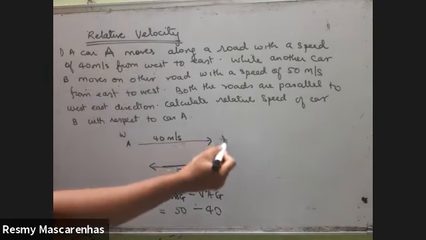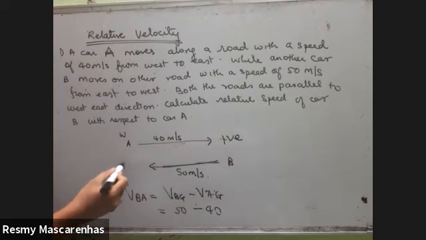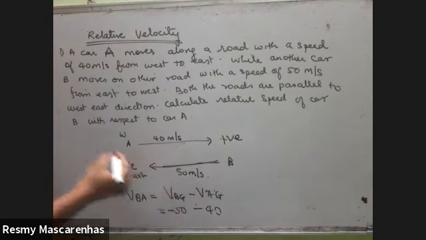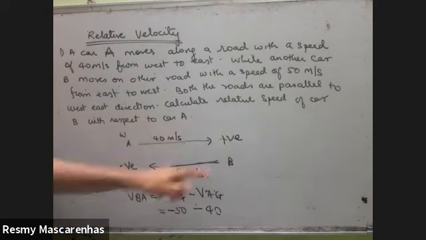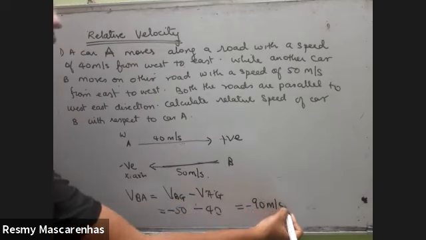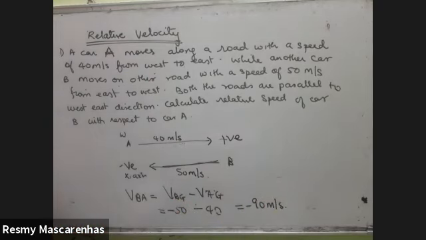So this is going in the positive x-axis direction and this is going in the negative x-axis direction. That's why it has to be taken negative, and this sign is minus because of the formula. So it is 90 meters per second. So don't make that mistake. Please be careful of the direction.